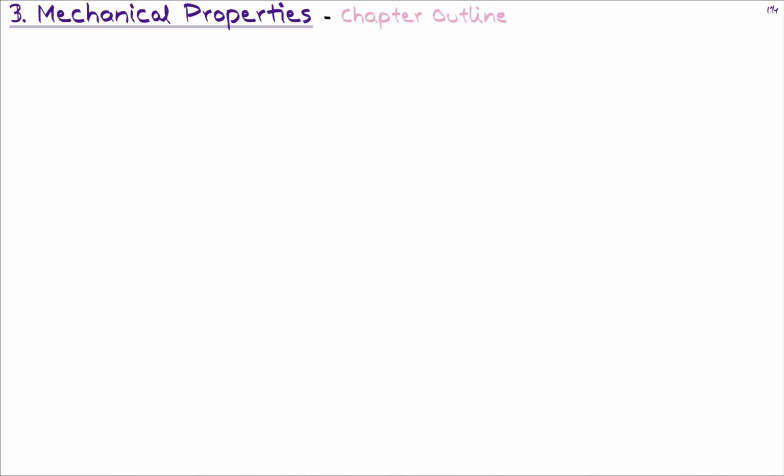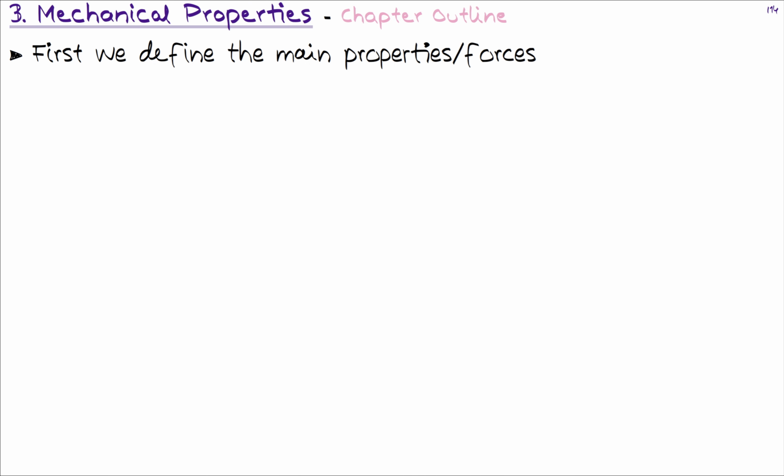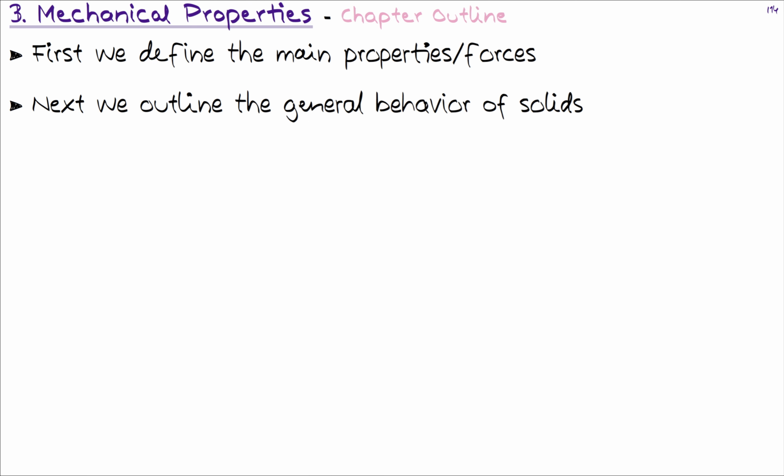Okay, let's move forward. So what we have here, I will first just define the main properties or forces that we will be dealing with in chapter 3. And then we will outline the general behavior of solids, what happens to them when they are under external forces. So when we apply a stress, what happens?